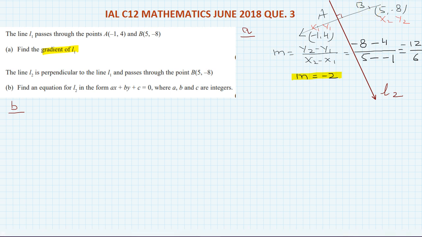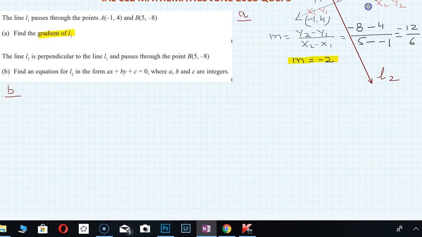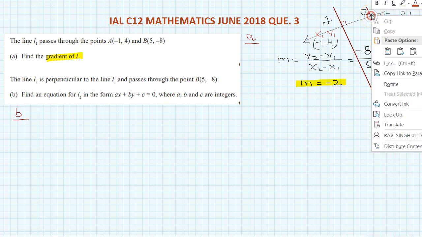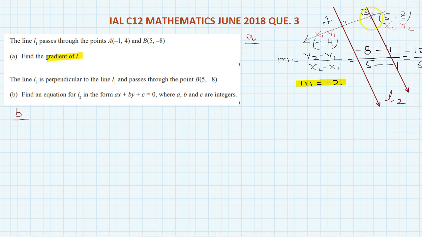So this line is passing through this point. This is B. This is 5 and -8, not this line. So this is L2. Find the equation of L2. So we have to find the equation of this.